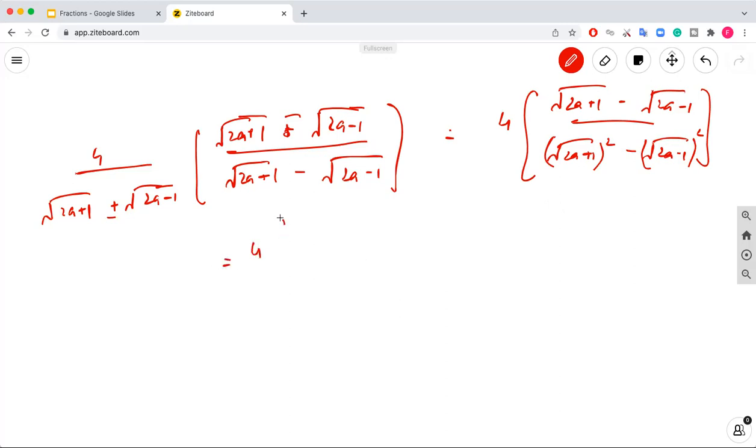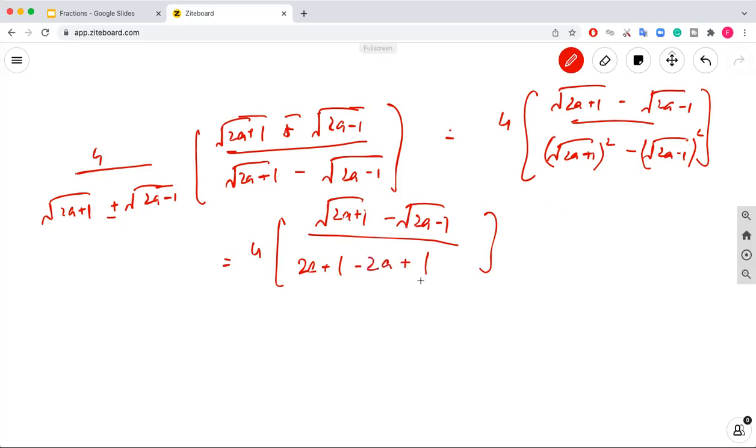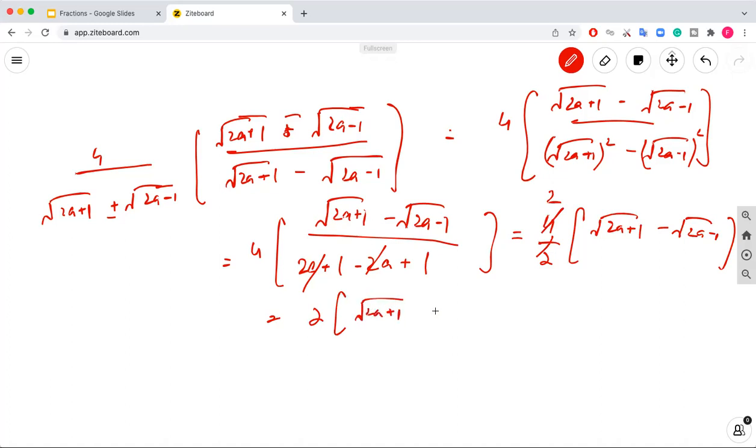So this will be 4 into square root of 2a plus 1 minus square root of 2a minus 1 divided by 2a plus 1 minus 2a plus 1, right? So this will cancel out. We will be left with 4 over 2 into square root of 2a plus 1 minus square root of 2a minus 1, so this will become 2 into that. Now just substitute values for a: a1, a2, a3, a4.